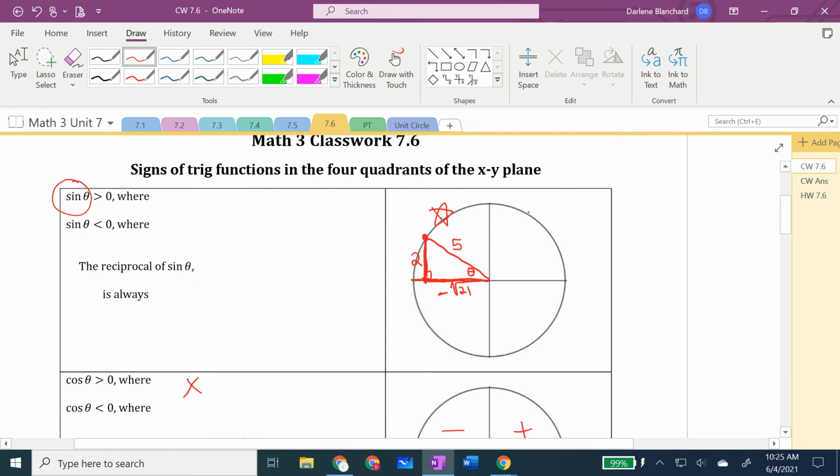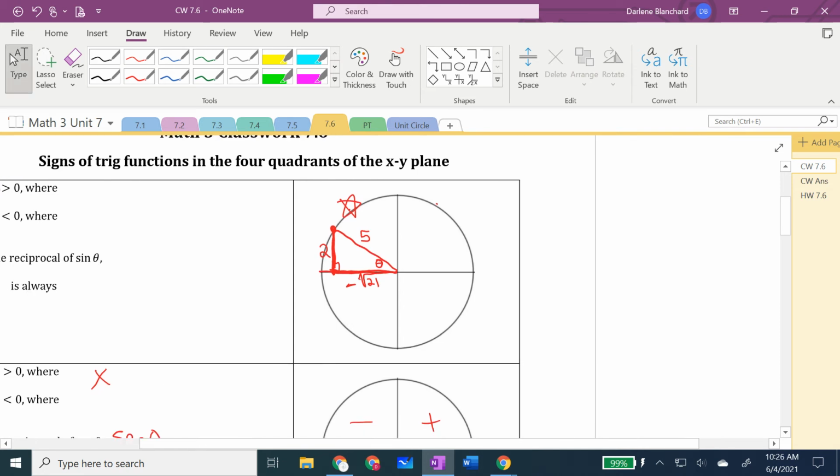You were given at the beginning, just to point it out, that the sine of theta was equal to 2 over 5. Once you've made this triangle, cosine is equal to the adjacent side over hypotenuse, and the adjacent side is negative.